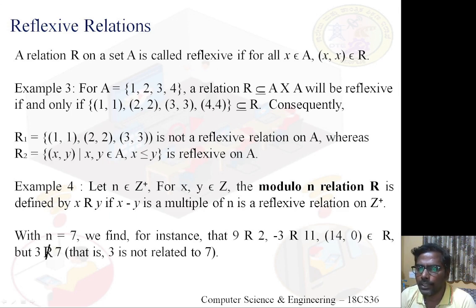Got it? So in this case, any relation R on A is said to be reflexive if it contains these 4 ordered pairs: 1, 1, 2, 2, 3, 3, 4, 4.